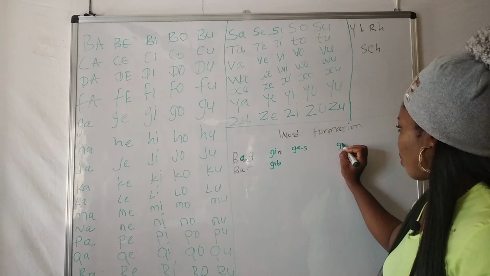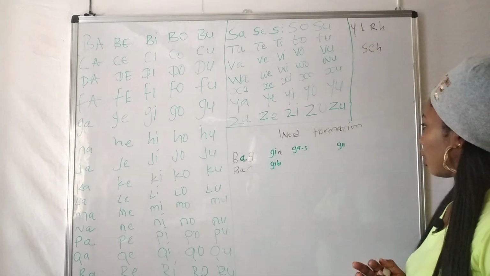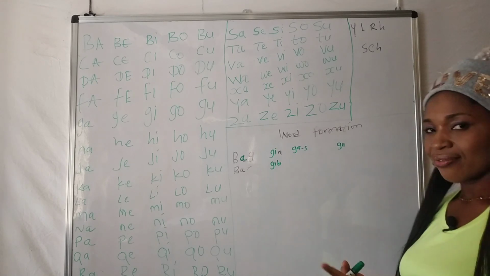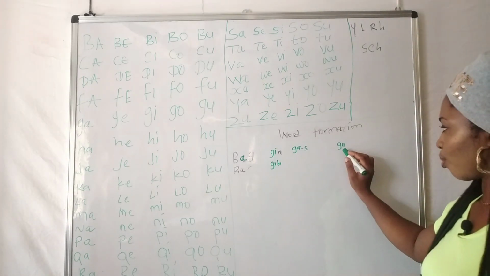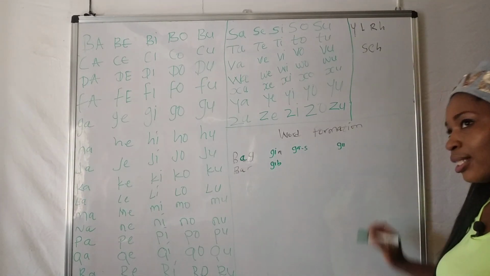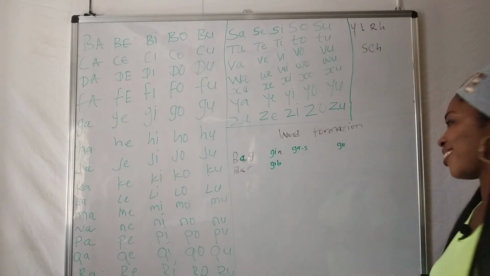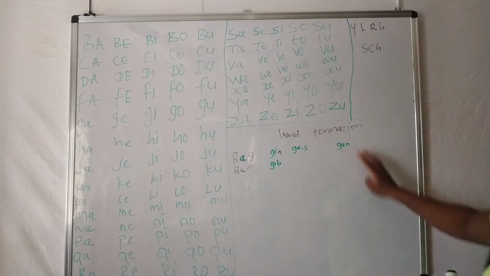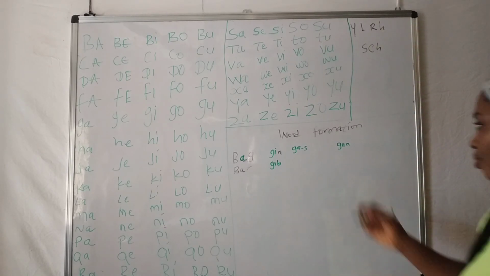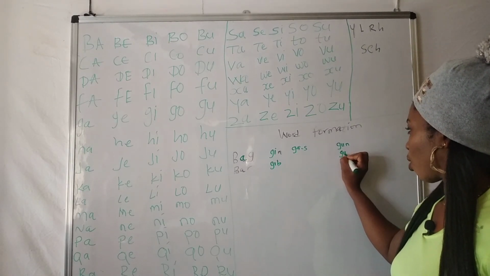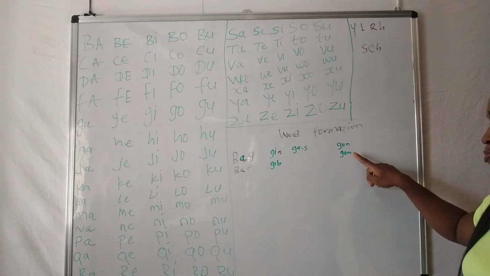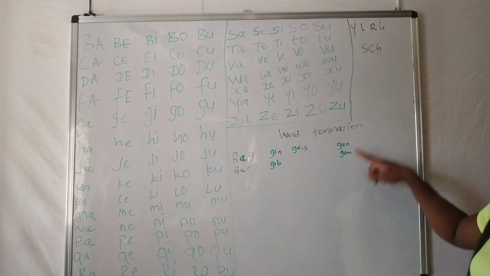This is gu here, and we can add say N, it gives us what? Gun, gun. That is gun. And if we choose to add say M, we'll be having gum. This is the N and M sound.